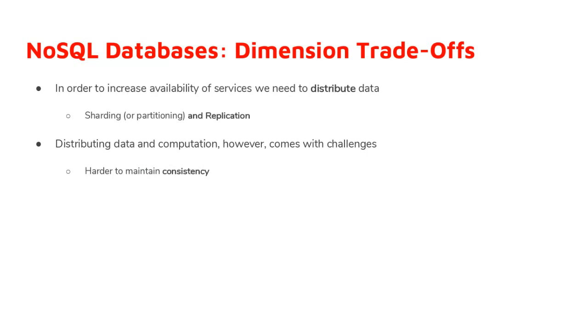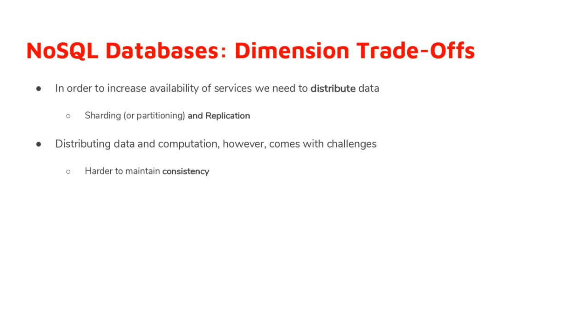So in a NoSQL database, there's a trade-off. And it's based on 2 principles. So if you want to increase the availability of services, we need to distribute data. There are 2 techniques here: sharding or partitioning, and replication.